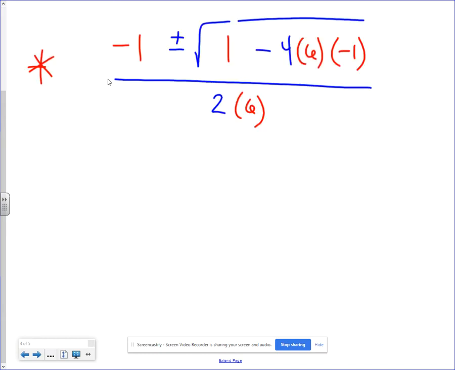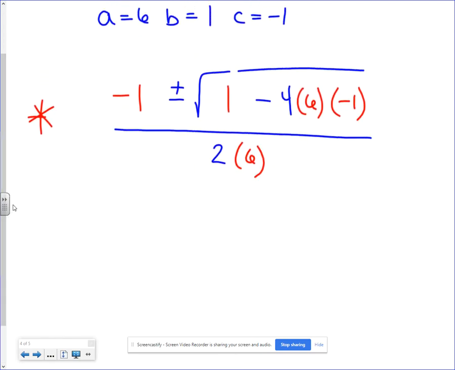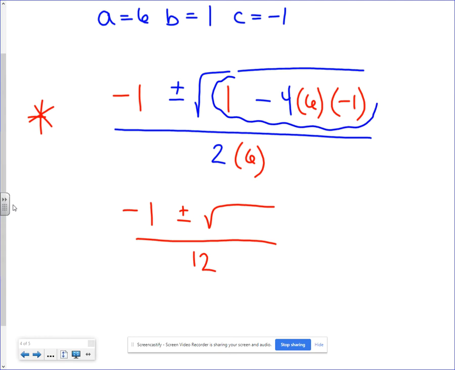All right, so now let's simplify this. So we're going to have -1 plus or minus the square root of something over 2 times 6, which is 12. Let's figure out what's under the square root. This actually has a name. This is called your discriminant. The thing under your square root in the quadratic formula is called the discriminant.